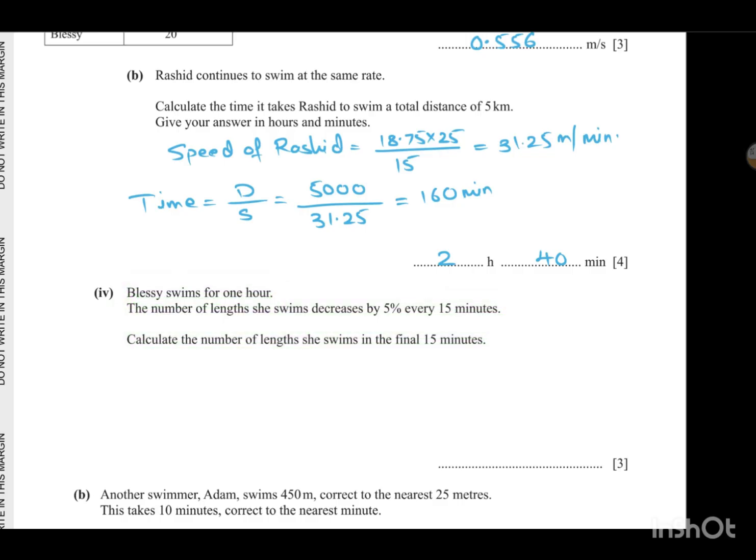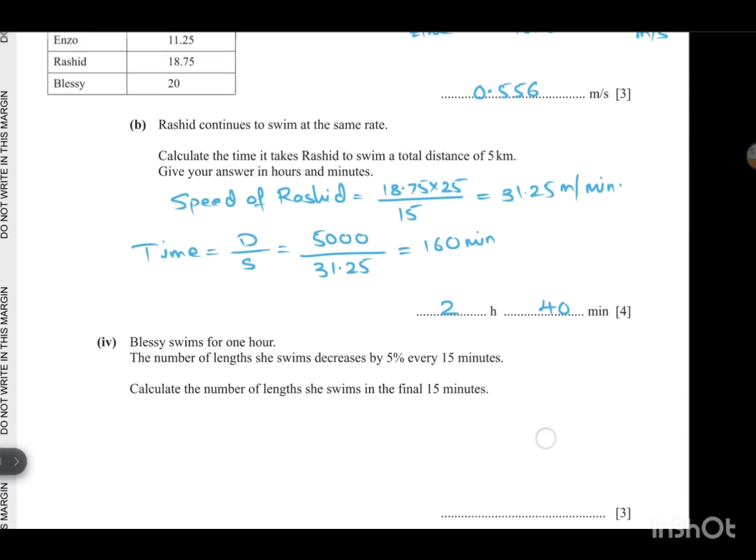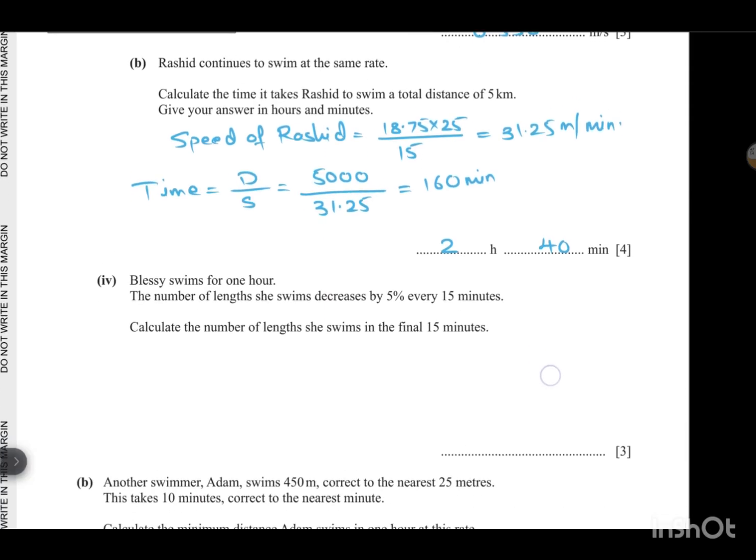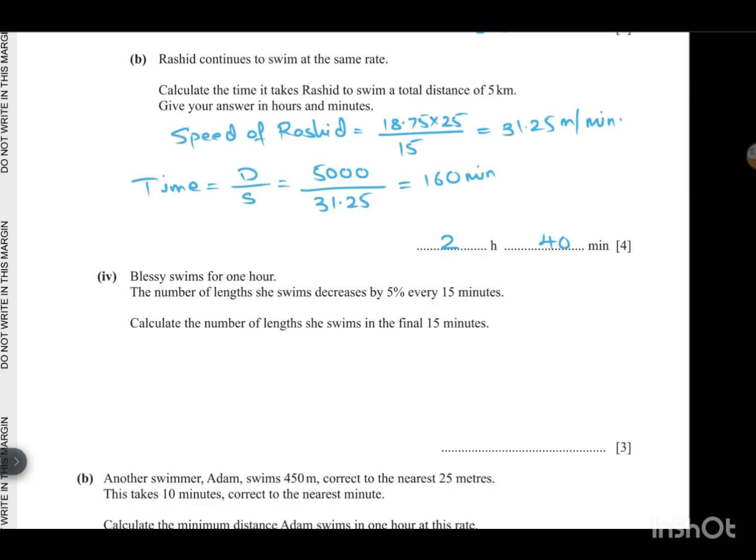So now the number of lengths she swims in the final 15 minutes will be, first of all, because the 5% decrease is happening every 15 minutes, you have to take the first 15 minutes value, which we have seen in the table. The first 15 minutes is 20 lengths, and that will be decreasing after every 15 minutes.